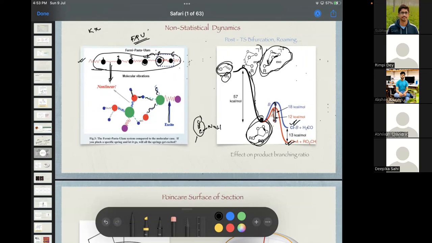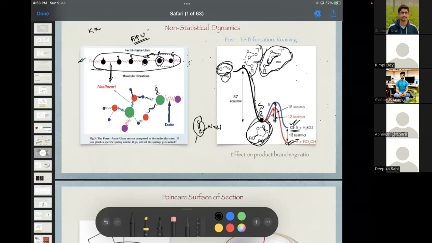So now the intermediate is not situated here. It can be situated here, there, here, like this. Different configurations are possible. But depending upon the content of energy in some particular vibrational mode, the product ratio will vary now, right? So experimentally we observe similar kinds of reactions.